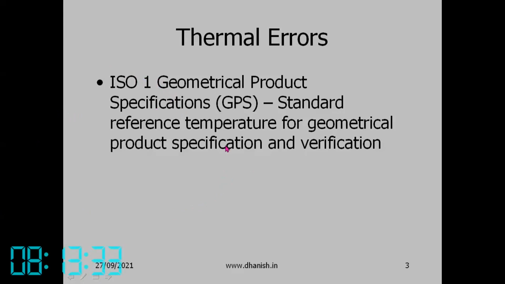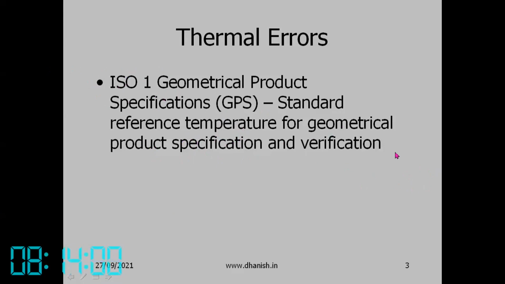Okay, so the temperature for dimensional measurement. So that is geometrical product specification and verification. So you specify the product, what should be the size of an object in a drawing. So the standard reference temperature is defined in the first international standard published by ISO. So ISO 1.